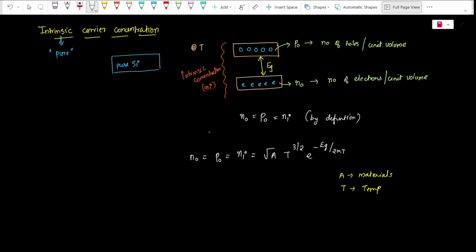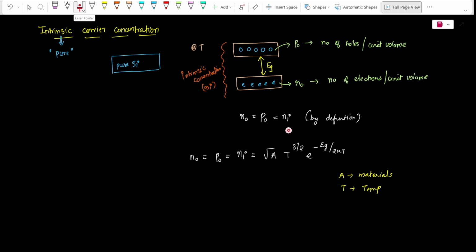So the final takeaway from this video is that in the case of a pure semiconductor, let's say pure silicon at some temperature T, it will have concentrations per unit volume of P0 and N0. And since I have taken intrinsic silicon, you can equate this to the intrinsic concentration, right? So we call it the intrinsic concentration, and N0 = P0 = Ni is the equation.